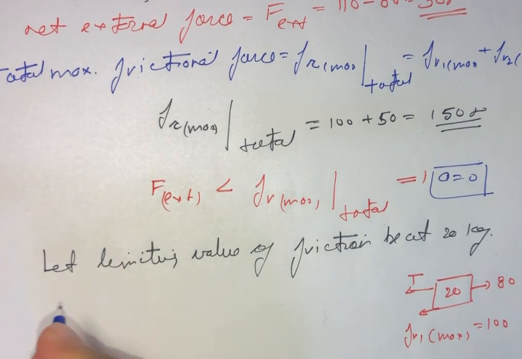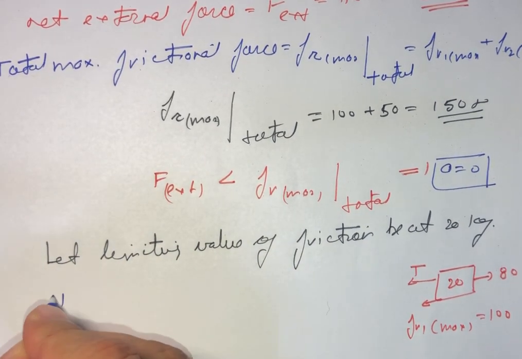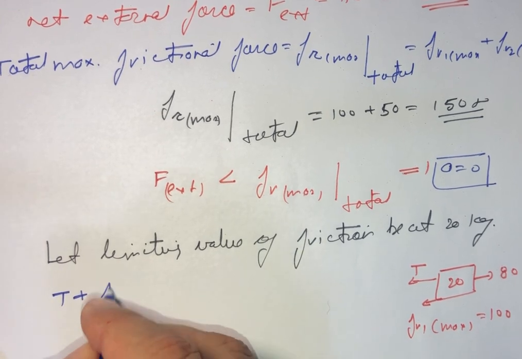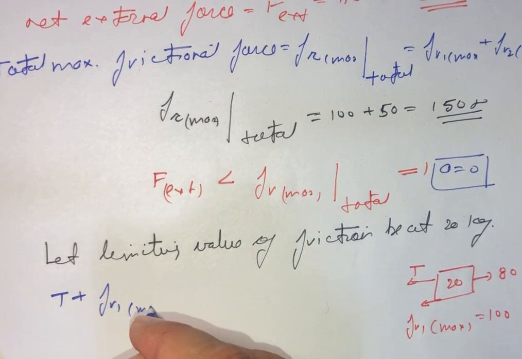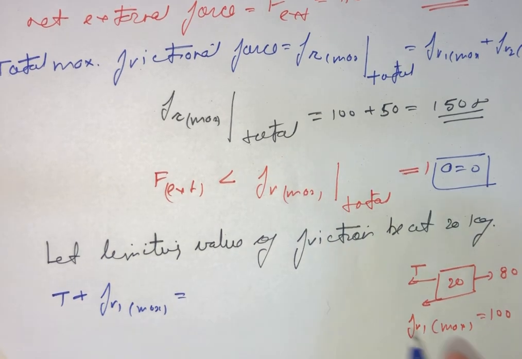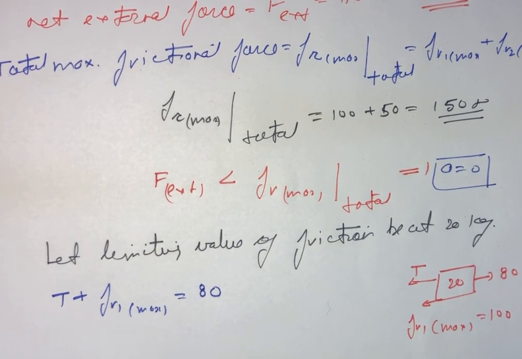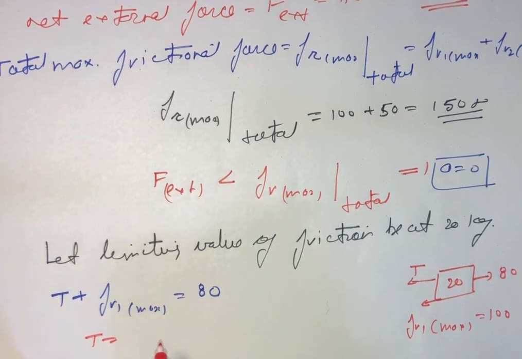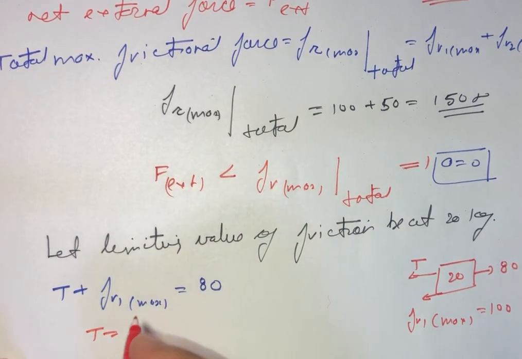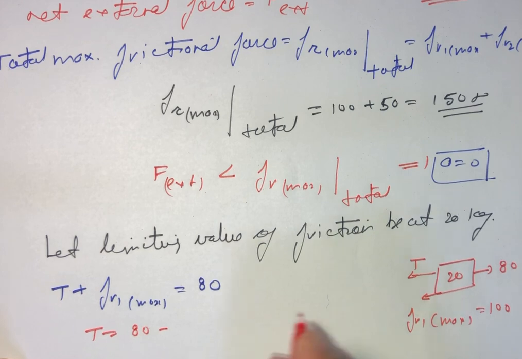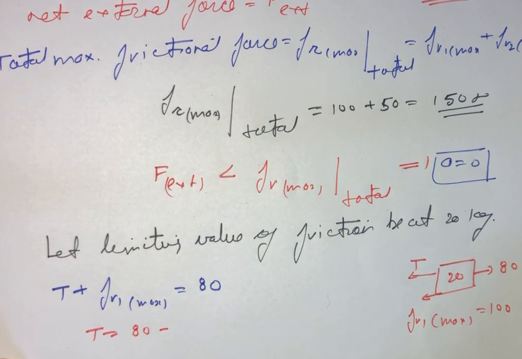So we can find out our tension. We can say T plus FR1 max is equal to 80, and we can say our T will be equal to 80 minus, I think I made a mistake somewhere.